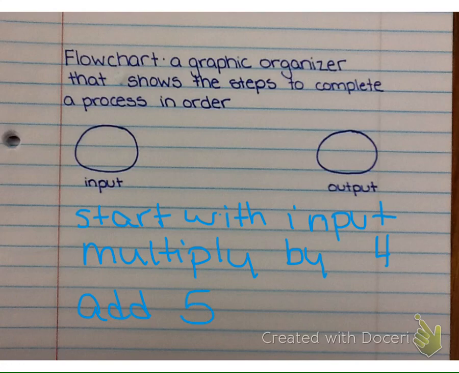I'm showing that I'm going to start with my input, which is n, by putting n in the first oval. n is my input. In this example, my output will show all of the steps that are happening to my input. So I'm going to have 4n plus 5. Please take a moment to make sure you have all of this copied.